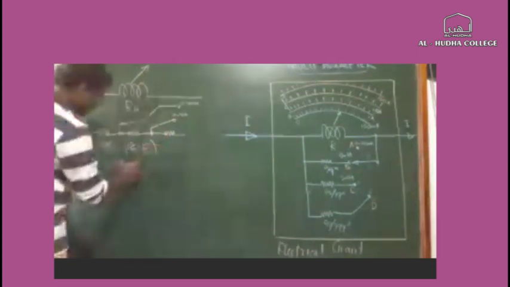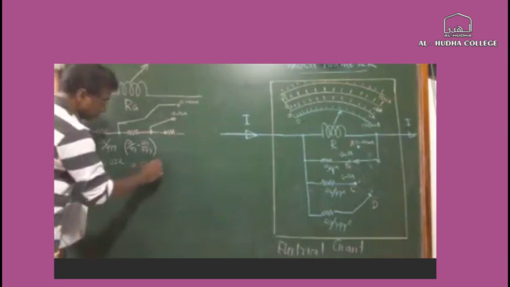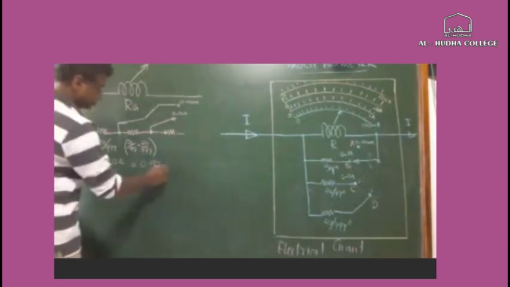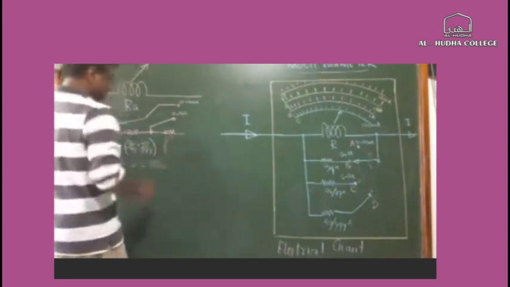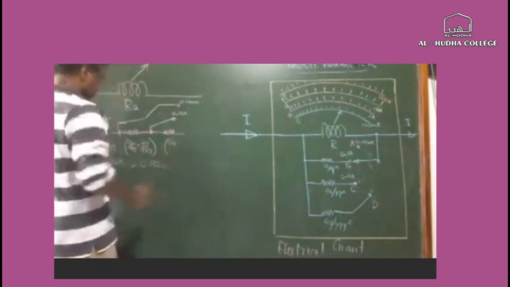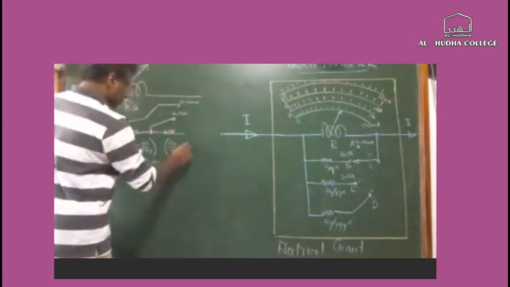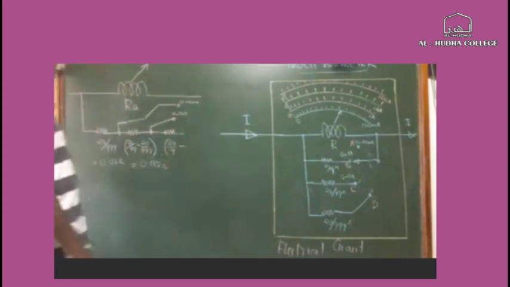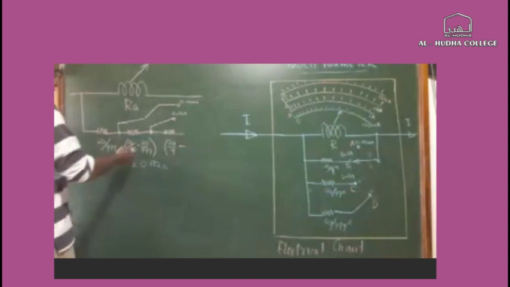Then again, I put another resistance, that is about 0.182 ohm. Then here I put 20 by 9 minus 20 by 99.